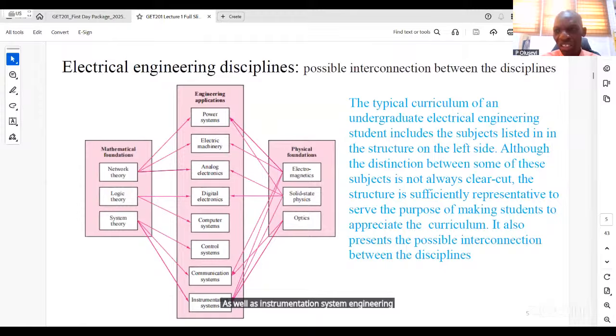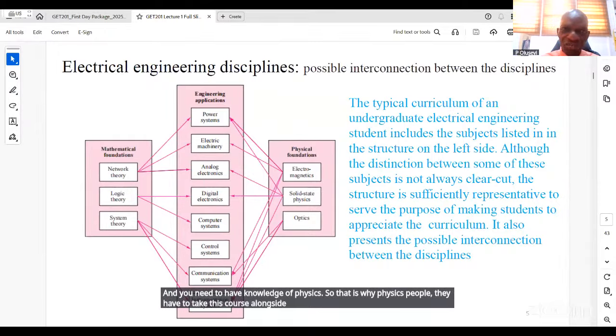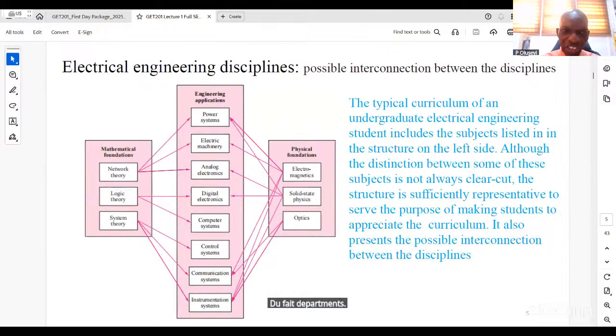So you can see that for you to get any of these, you need the basic knowledge of science and you need knowledge of physics. So that is why physics students have to take this course alongside other engineering departments. You need the knowledge of mathematics and the knowledge of physics. Bringing the two together, you have electrical engineering.